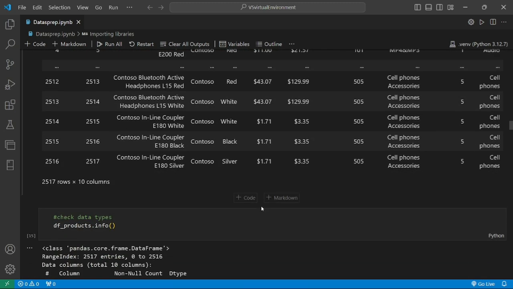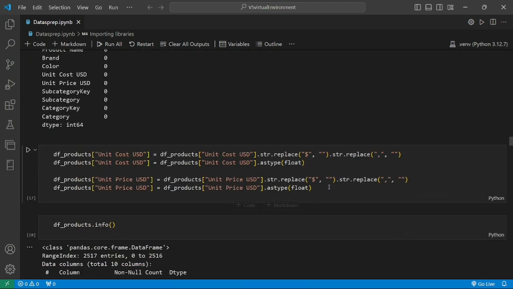Okay, so we need to consider it as a float value because it's a currency, money value. We are going to delete this dollar value, and if there is any comma in higher values, we are going to drop that also.